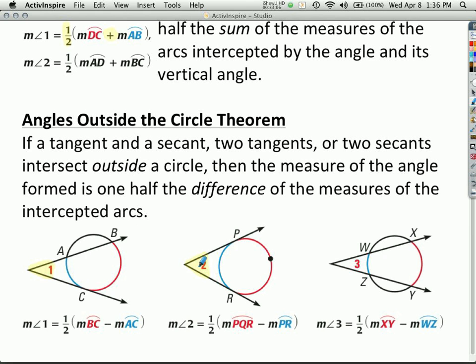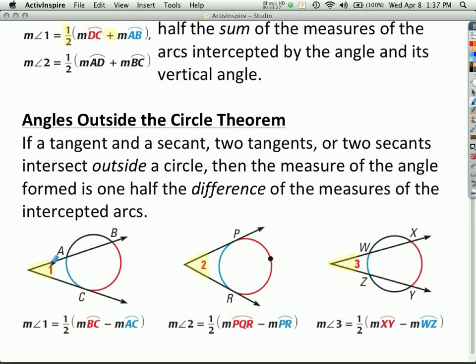There is actually a relationship between the measurement of these angles and the arcs that they are intercepting. The measure of the angle will be half the difference of the 2 arcs. Difference meaning you subtract them.